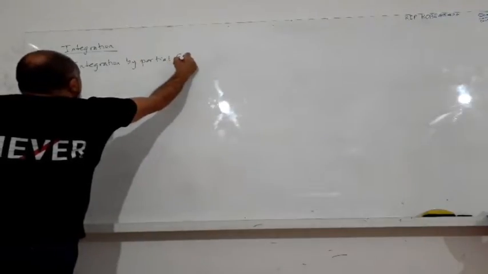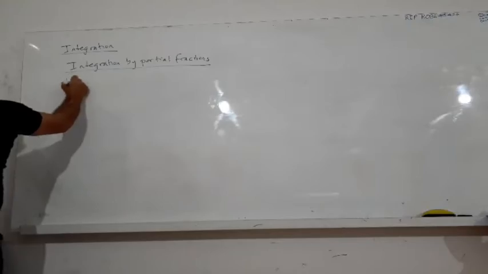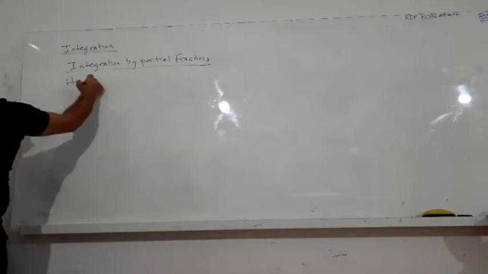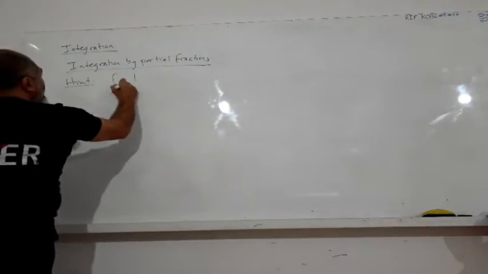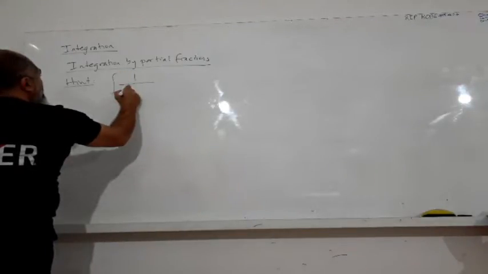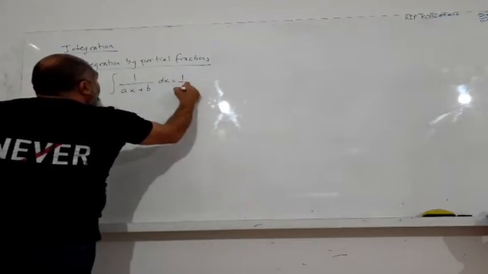Let's write the main rules that we are going to use. First of all, the integral of 1 over ax plus b dx is equal to 1 over a ln of ax plus b, plus c.